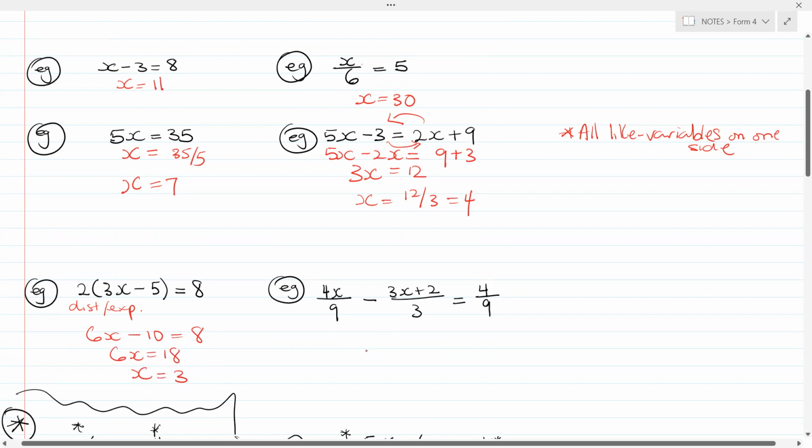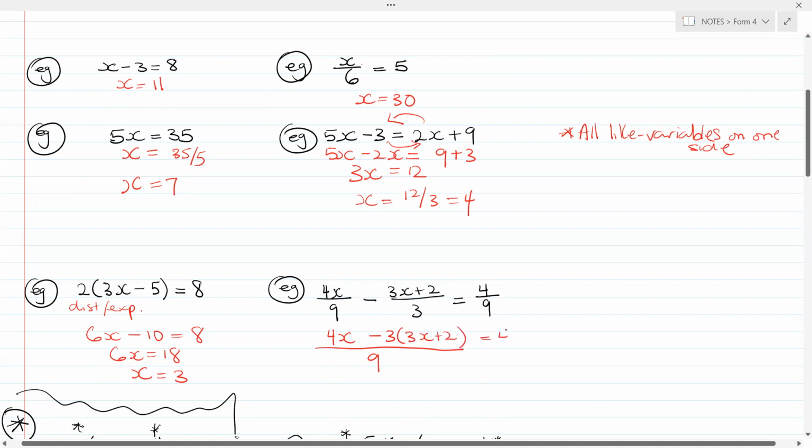Now we have fractions here. Of course, we find the LCM of this. When you see things like this, pause and ask yourself, what would I usually do in a situation like this if it was fractions? You know, find the LCM, so that's what you do. The LCM here is 9, so we put back 4x. And of course, 3 goes into 9 3 times, so we multiply the entire numerator by 3.